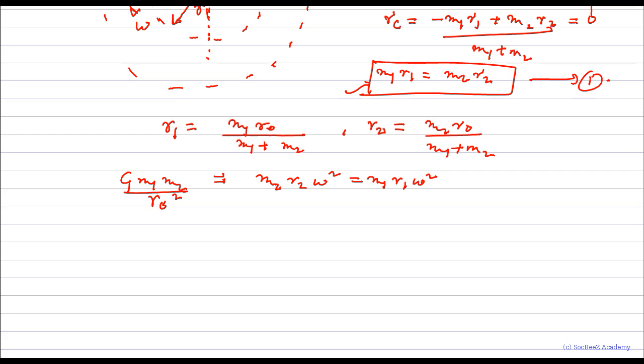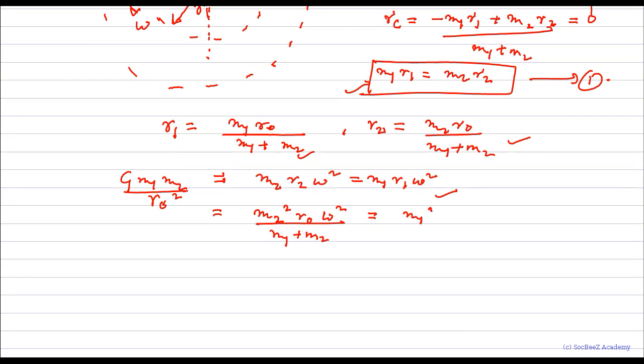Now if I put in the value of r2 and r1 in this expression, I can write m2 square into r0 into omega square upon m1 plus m2.